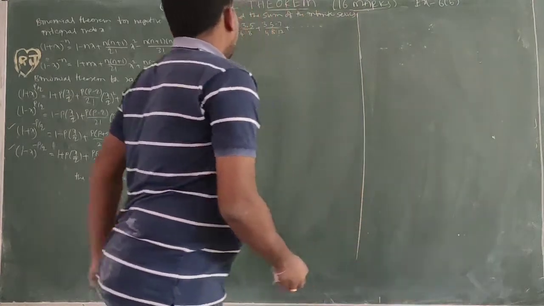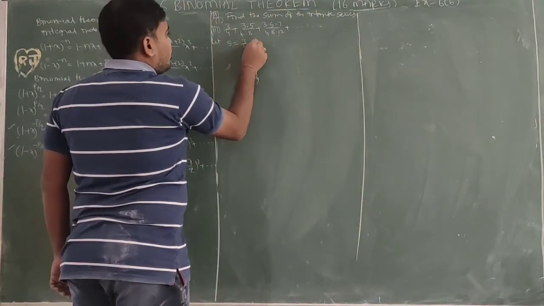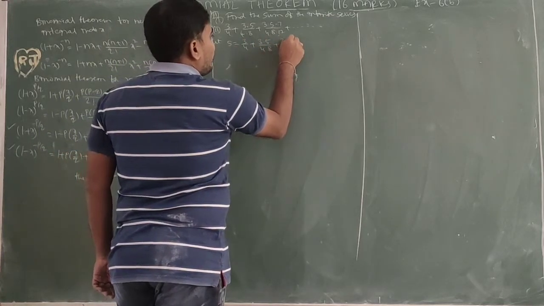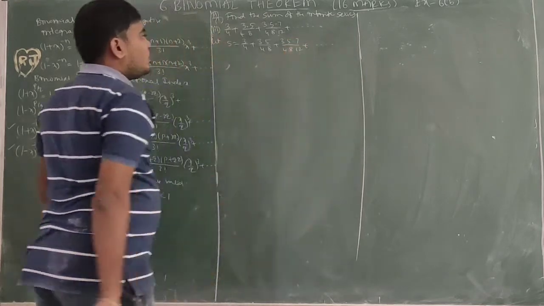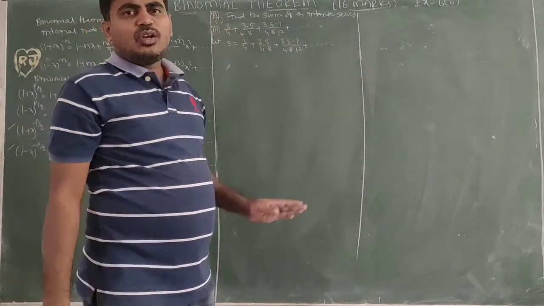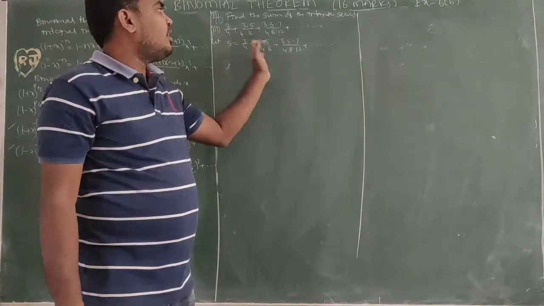Let S equal to 3 by 4 plus 3 into 5 by 4 into 8 plus 3 into 5 into 7 by 4 into 8 into 12 plus up to so on. Observe the denominator, it is the 4 table. 4 into 1 is 4, 4 into 2 is 8, 4 into 3 is 12 like that.